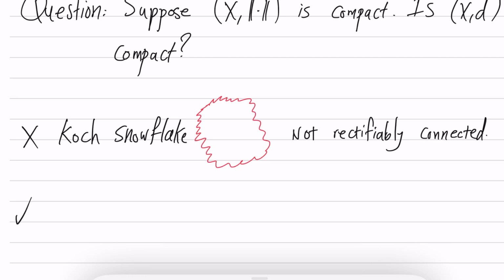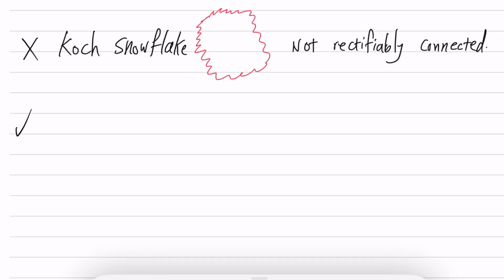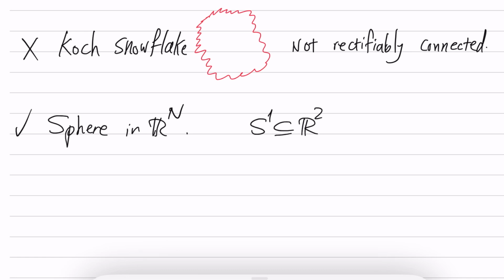So the snowflake is not one of the examples that we consider, and obviously disjoint sets will not be allowed. A positive example is if you have a sphere in R^n. So that counts. Even in the example of S^1 lying in R^2, we do have this situation.